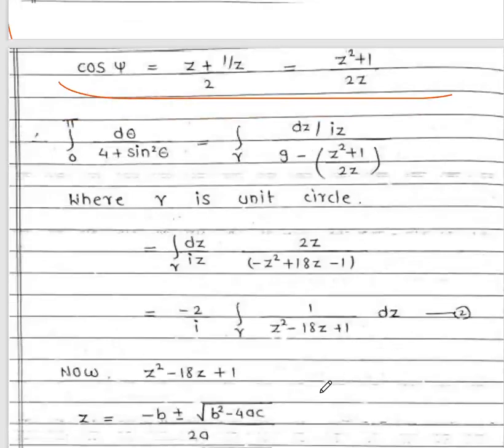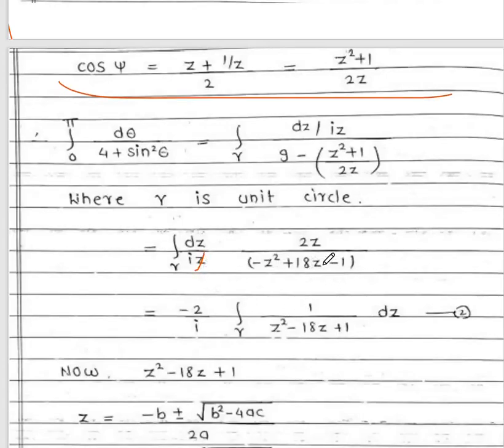Here we can take minus 2 upon i, and after solving we get the integral over dz upon iz and twice z upon minus z square plus 18z minus 1. Here this z and this z will cancel. So minus 2 upon i is a constant term. Integral over gamma dz upon z square minus 18z plus 1, equation number 2.